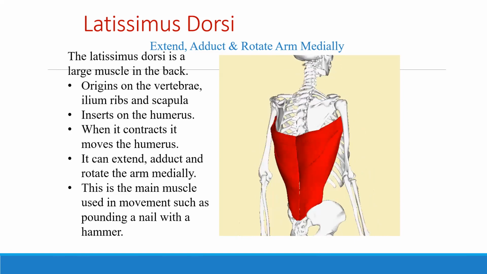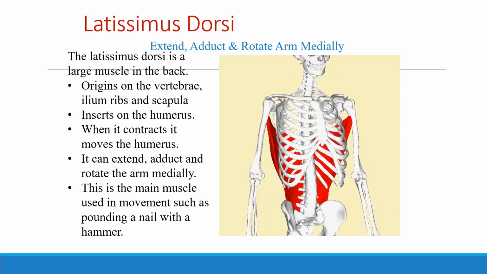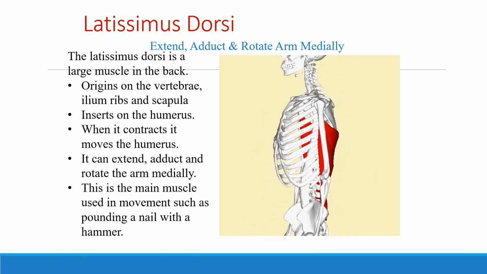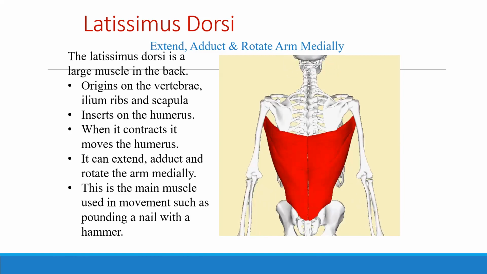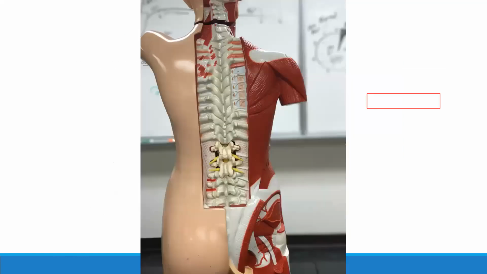Its strength is transferred directly into the humerus. So whether it's an overhand throw, an underhand throw, an over-the-shoulder throw like driving a nail or chopping wood, we are using the latissimus dorsi. And there's our latissimus dorsi there. You know, the trapezius doesn't show well in the model, but there's the trapezius, just the edge of it, also extending up towards the neck.